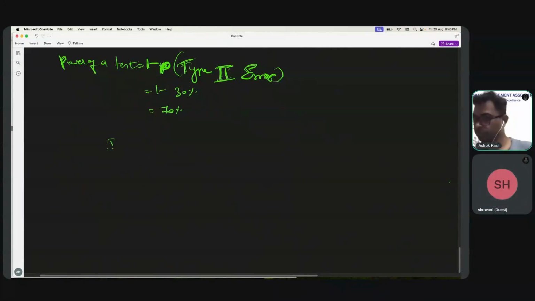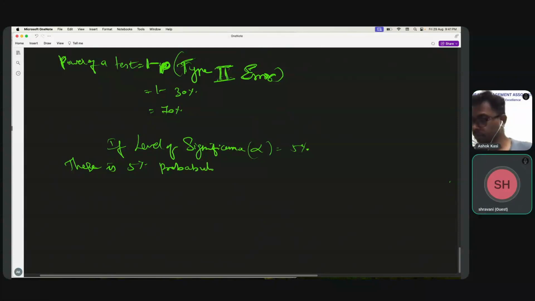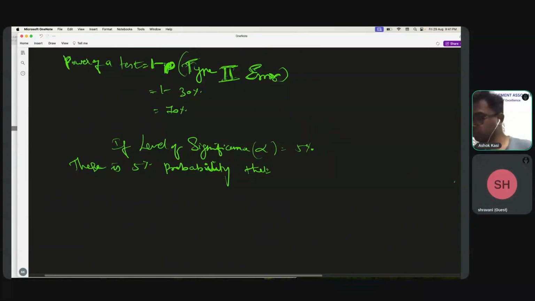That means if the level of significance is 5%, there is 5% probability of type 1 error.